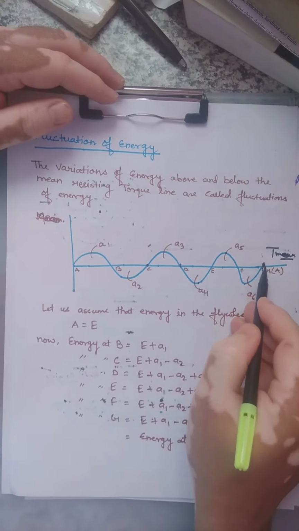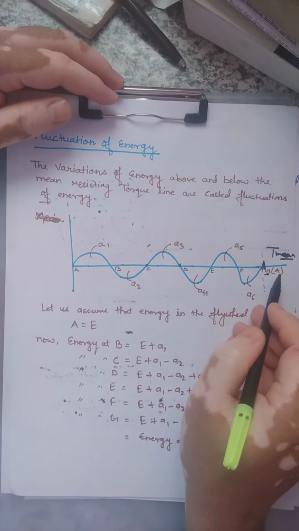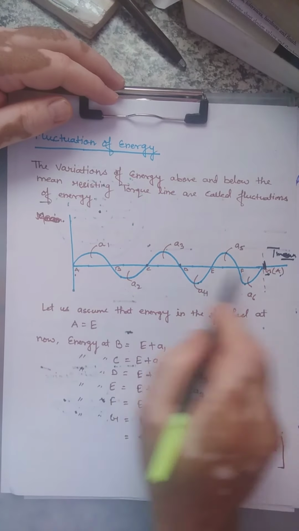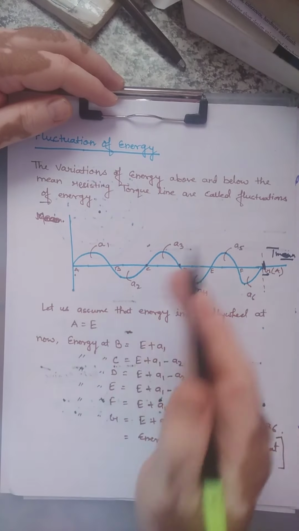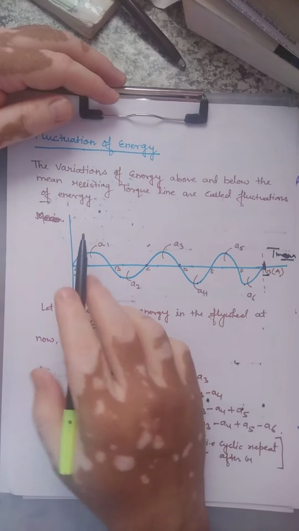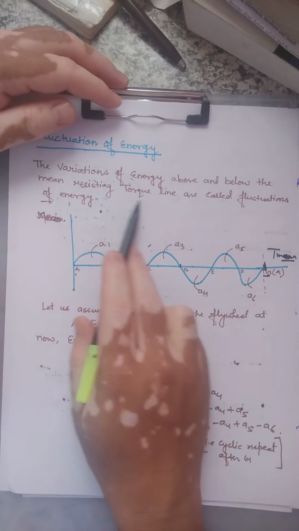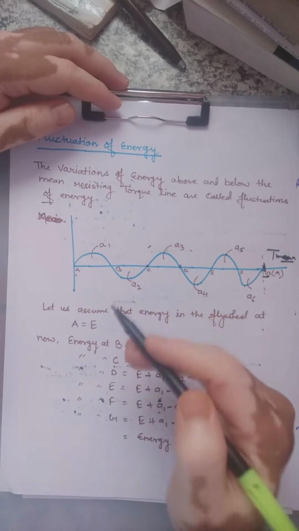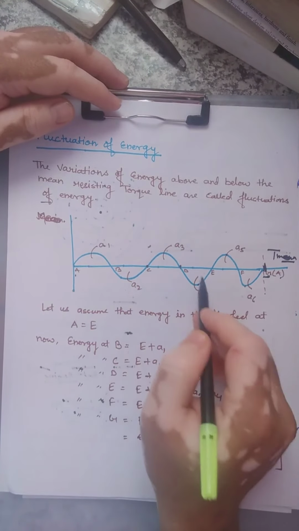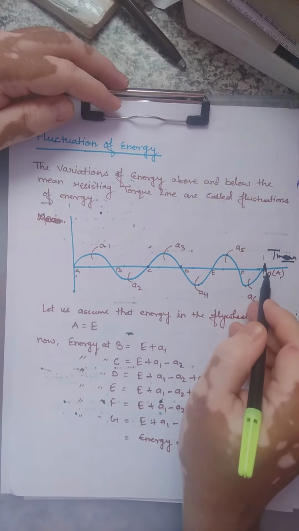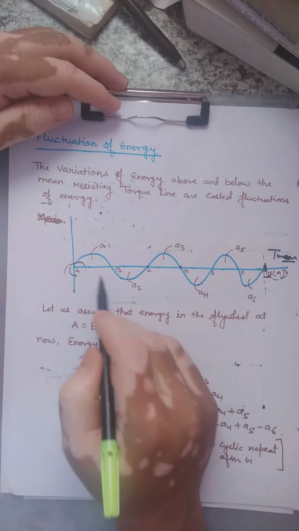When we complete the cycle, from A, after G we attain A again, and these cycles go on and on. The variation which exists about the mean resisting torque line is called fluctuation of energy. This is the fluctuation of energy, A1, A2, A3, A4, A5, and finally after G it attains position A.